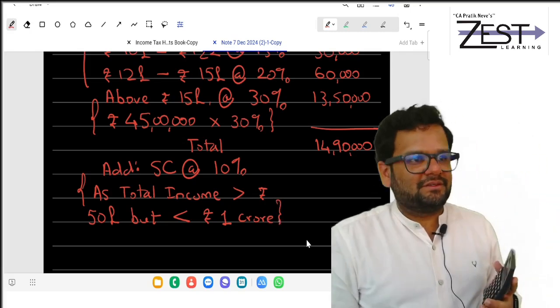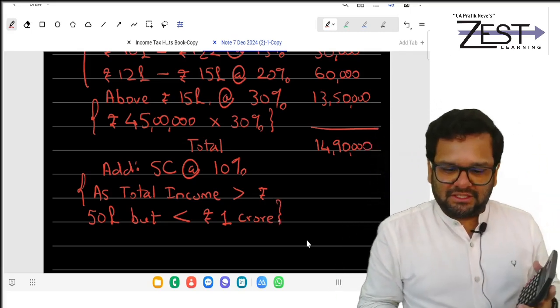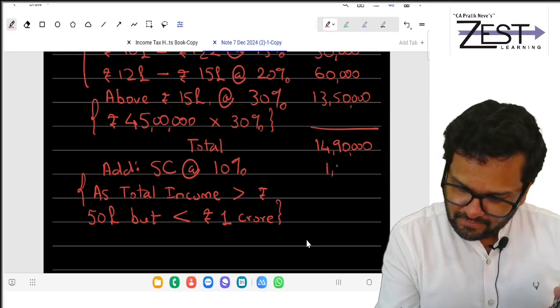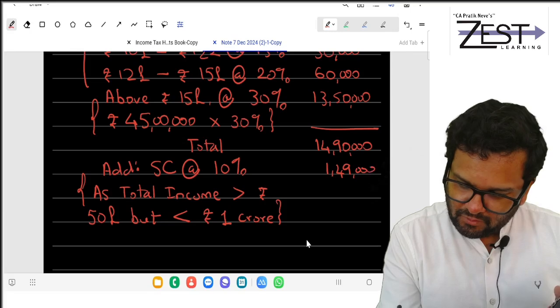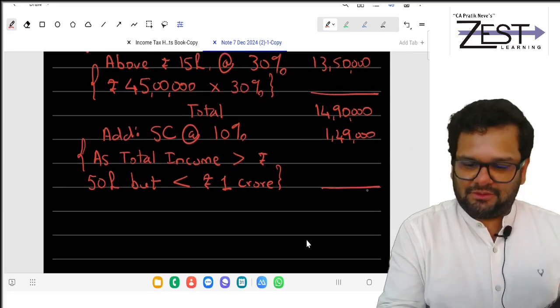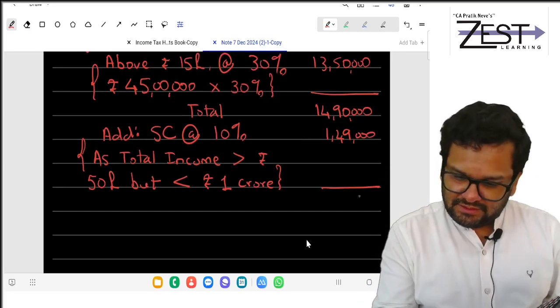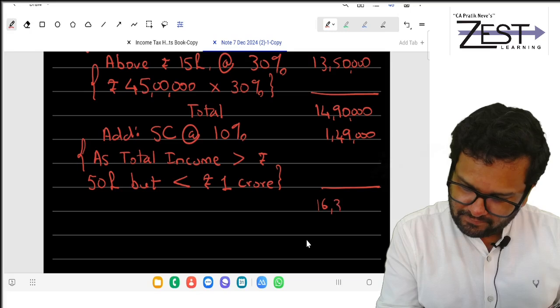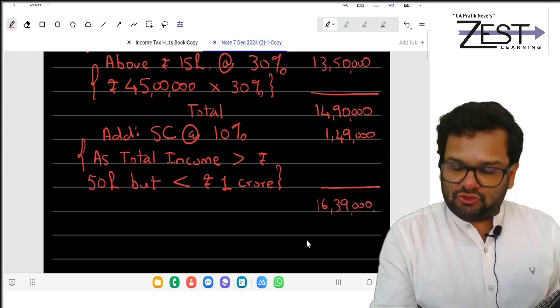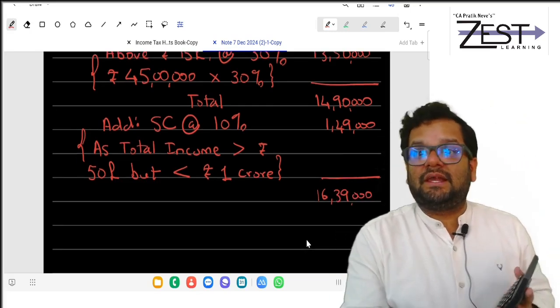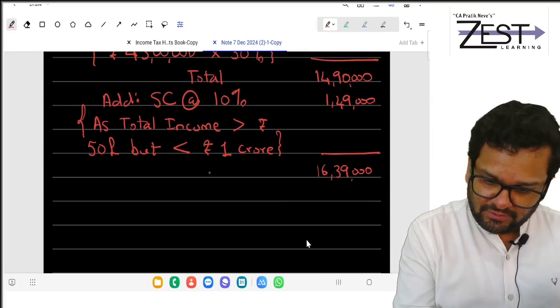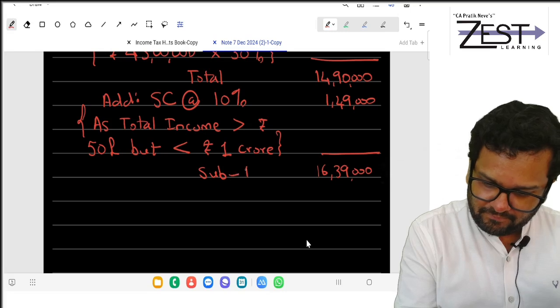Do you agree? How much is the surcharge? 1,49,000. So he has to pay 16 lakh 39,000. This is the subtotal.